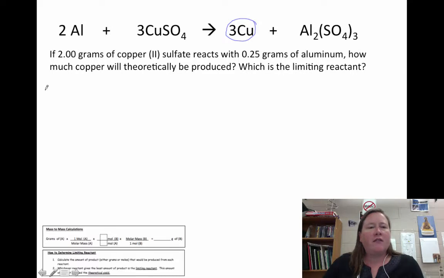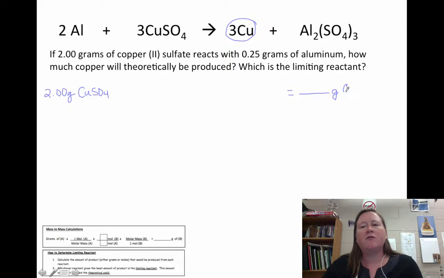So starting with 2.00 grams of copper sulfate, how many grams of copper will be produced? And also starting with 0.25 grams of aluminum, how many grams of copper will be produced?